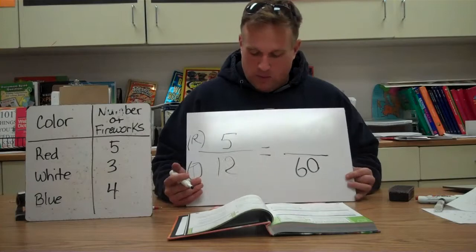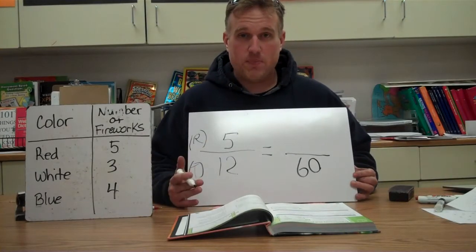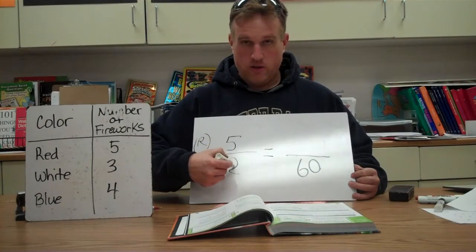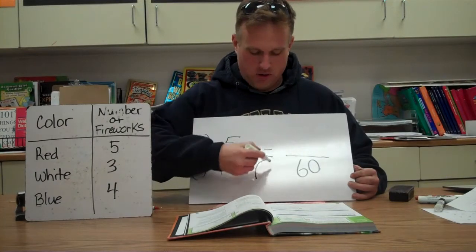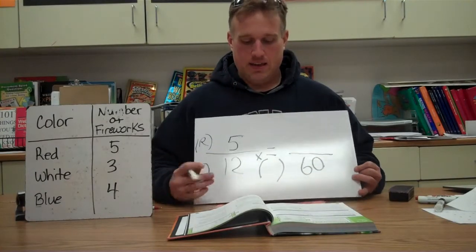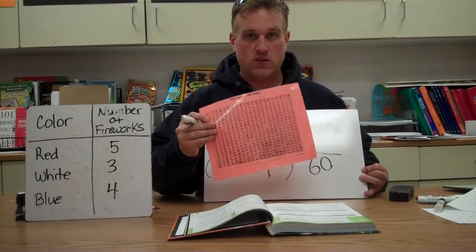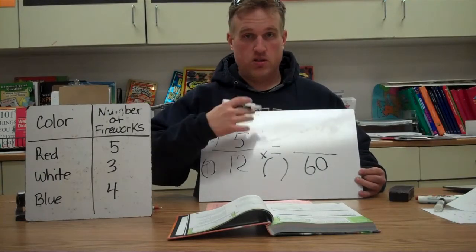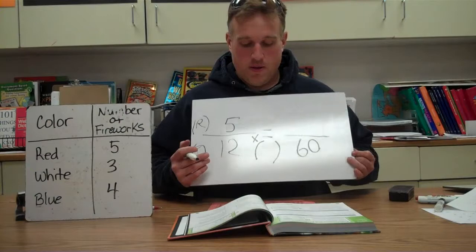Now, just like we did for the pizza problem, we have to ask ourselves, 12 times what number will give us 60? For this, you can use your matrix if you need to. You can do the work out, or guess and check on paper.